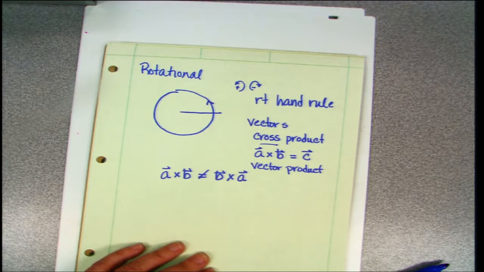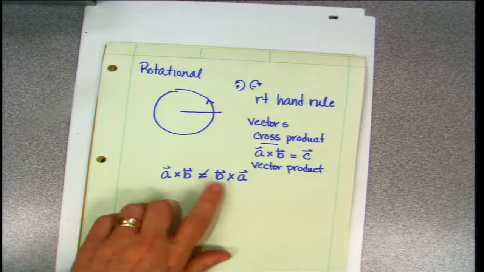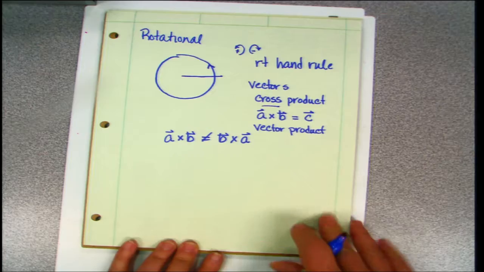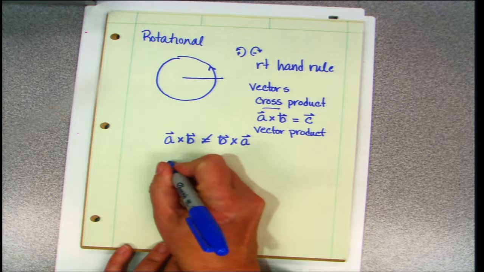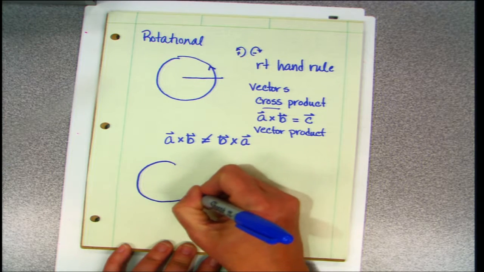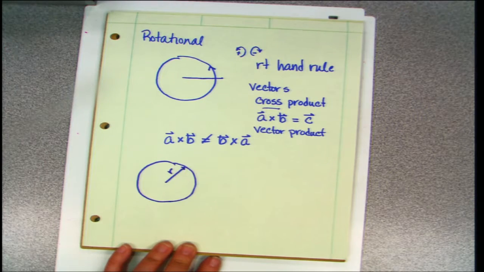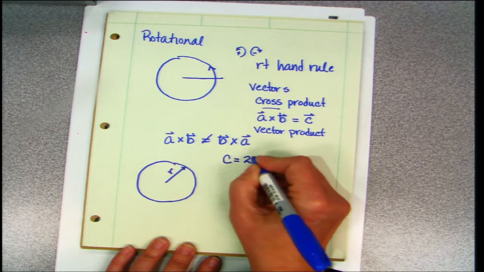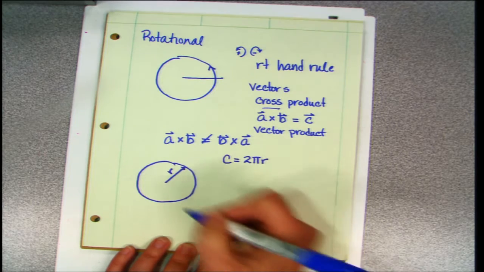Some things about circles, okay? If I look at my circle, we can represent it with a radius. The circumference of my circle is 2 pi times the radius. And a complete rotation is 2 pi radians, or 360 degrees.